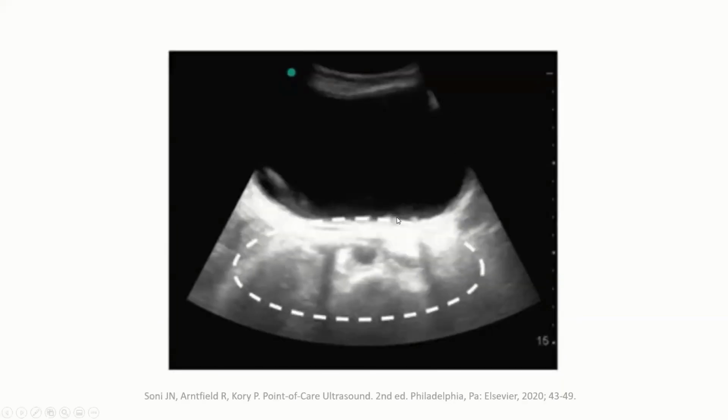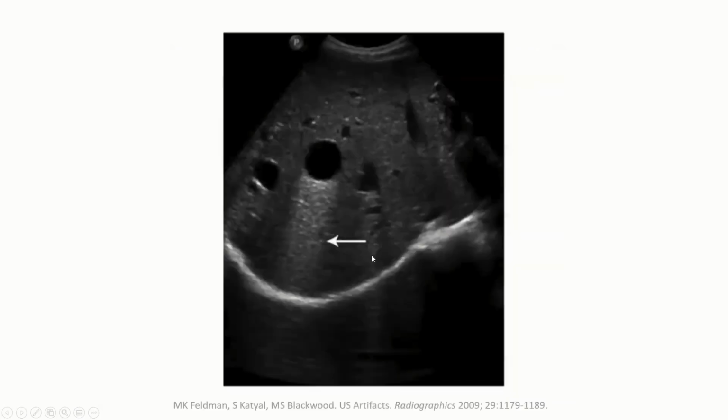This is the urinary bladder, and we see this high echoic area beneath the bladder. This is the liver, and we see this high echoic area here.